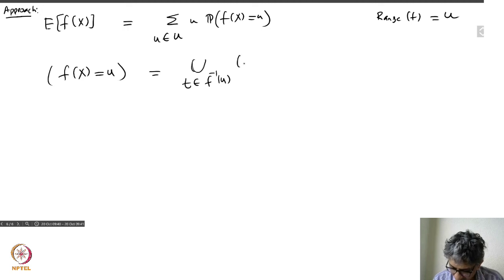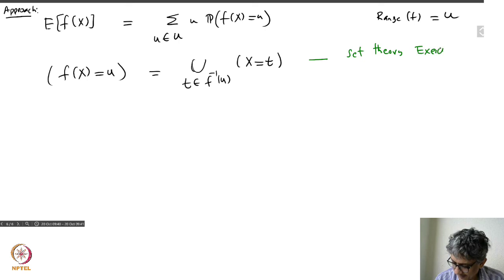These are both the same event. This is a set theory exercise to establish this fact, that f(X) equals u is the same as the union over t in f inverse of u of X equals t. Let me call this fact star.